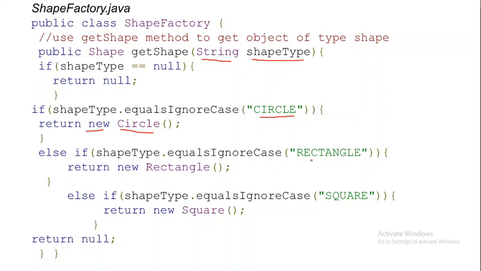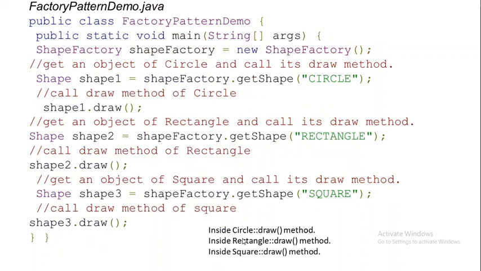In the same way, if the passing parameter is rectangle, it creates a new object of type Rectangle without considering the case. That's why we are using the word equalsIgnoreCase. That means maybe small letters or uppercase letters, not an issue. Next, if the passing parameter is square, it returns a Square object. If you have not passed anything, it will return null. So based upon the requirement, it is going to create the required object based upon the parameter.